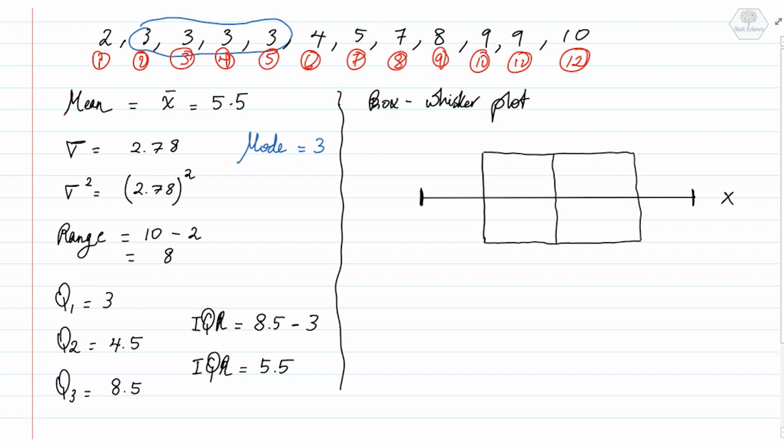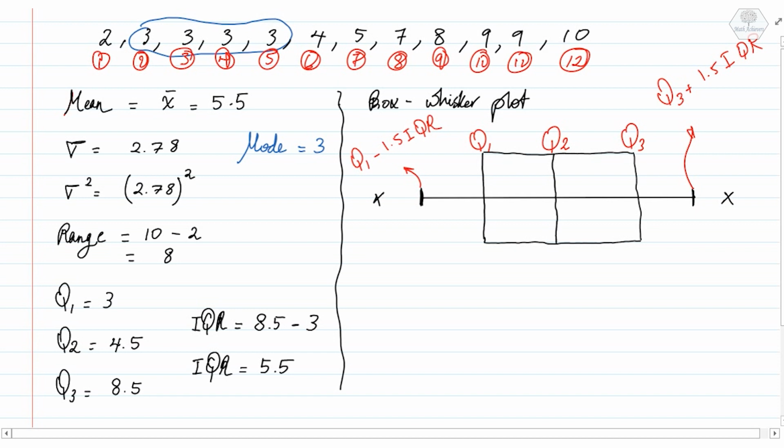So this is an outlier and this is an outlier. In my box and whisker plot, this value here goes off to the Q1, this in the middle is the median, which is Q2, and this is Q3. This value is Q1 minus 1.5 IQR, and this value is Q3 plus 1.5 IQR.